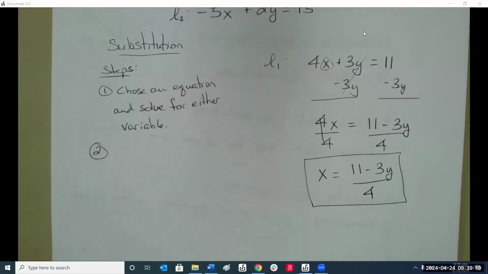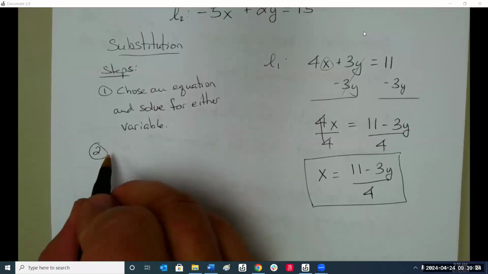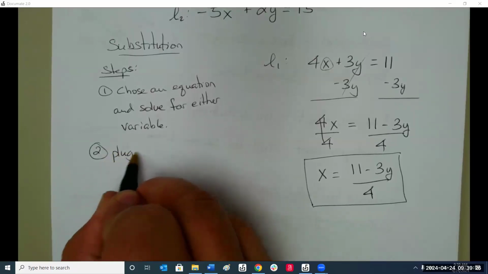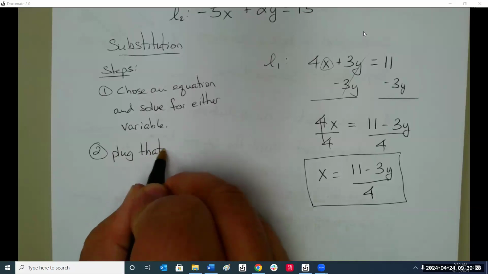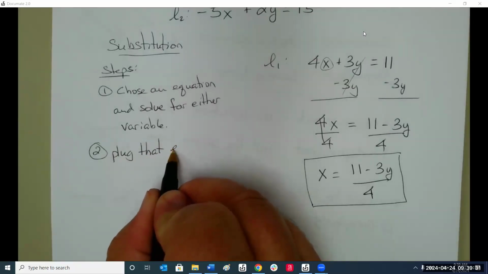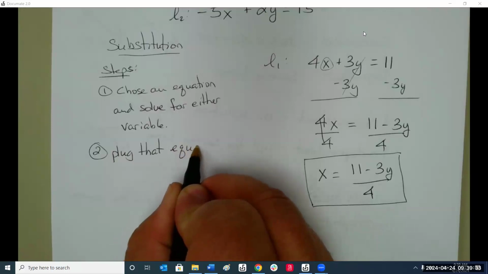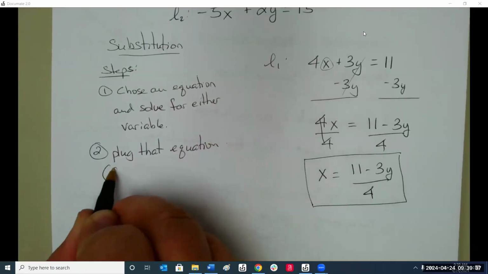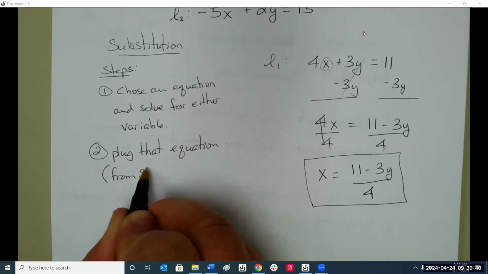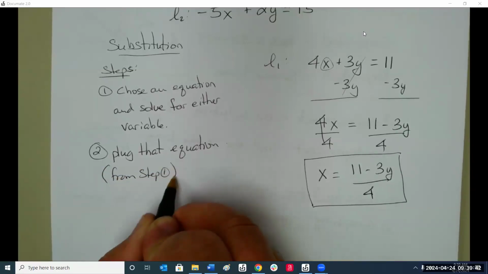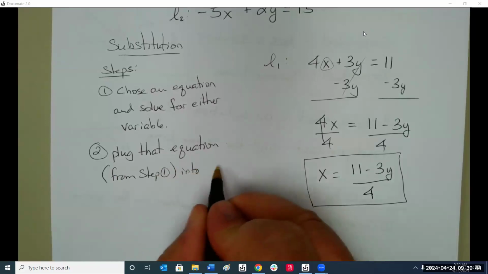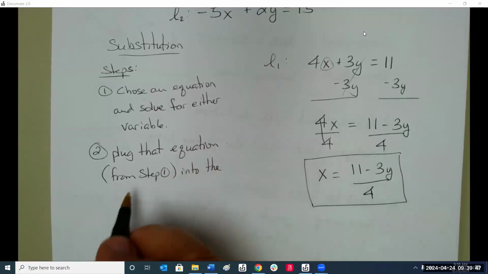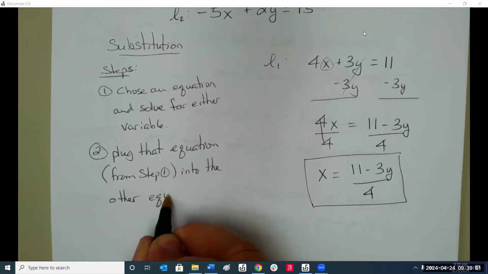So what's step 2? Very good. Plug that equation from step 1 into the other equation.